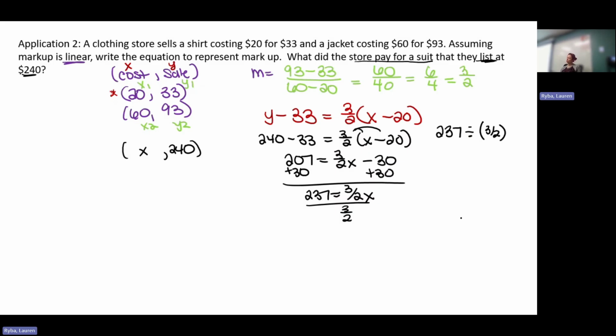You cannot just write 237 divided by 3 divided by 2. It will not work. You will not get the correct answer because what the calculator is going to do is divide by 3 and then divide by 2 rather than dividing by the whole fraction of 3/2.